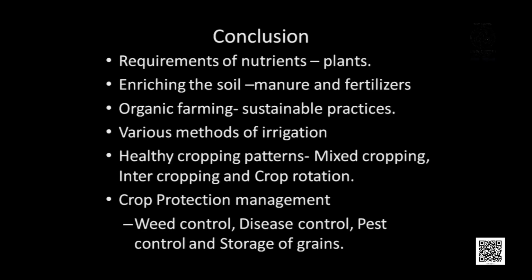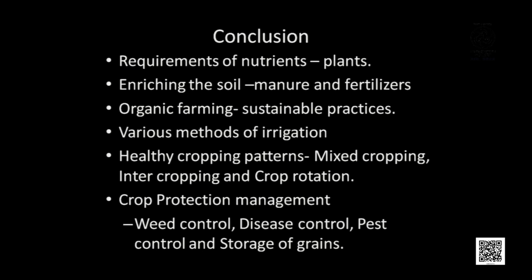Now, we can conclude from this session that requirements of nutrients are necessary for the proper growth of the crop plants, and we should encourage these sustainable practices. We should encourage biofertilizers for the better environment.